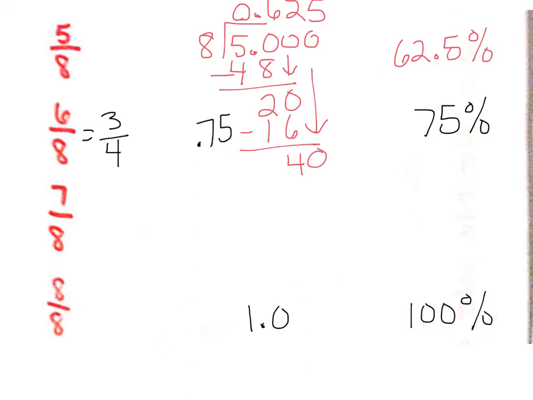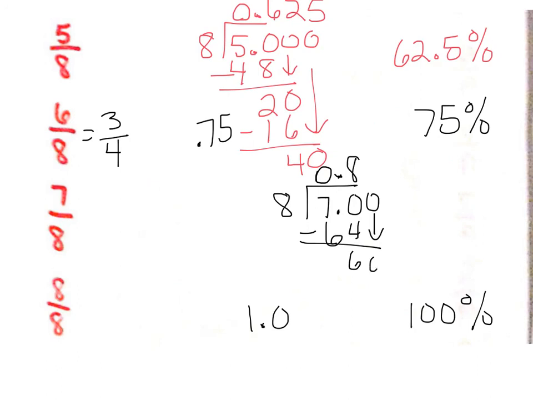So the only one left to figure out is 7/8. So numerator in the box, denominator out, add a decimal and a 0. 8 goes into 7 0 times. Bring your decimal straight up. 8 goes into 70 8 times. 8 times 8 is 64. 70 minus 64 is 6.